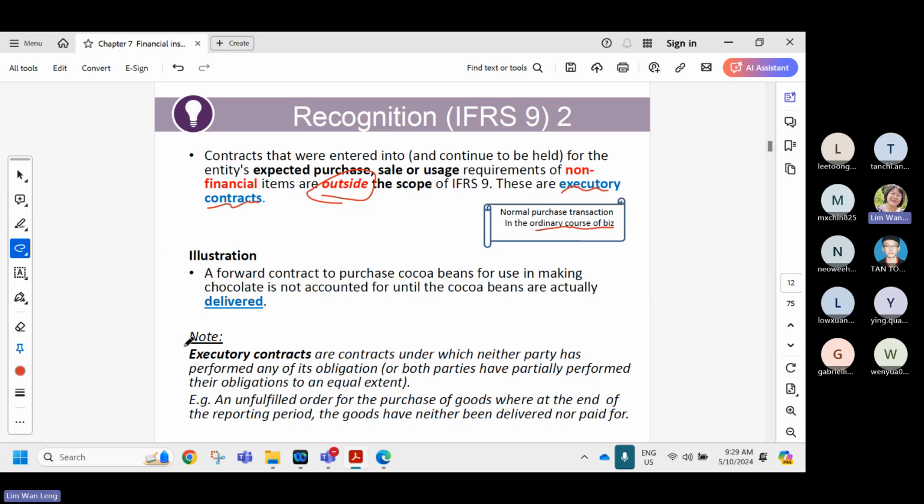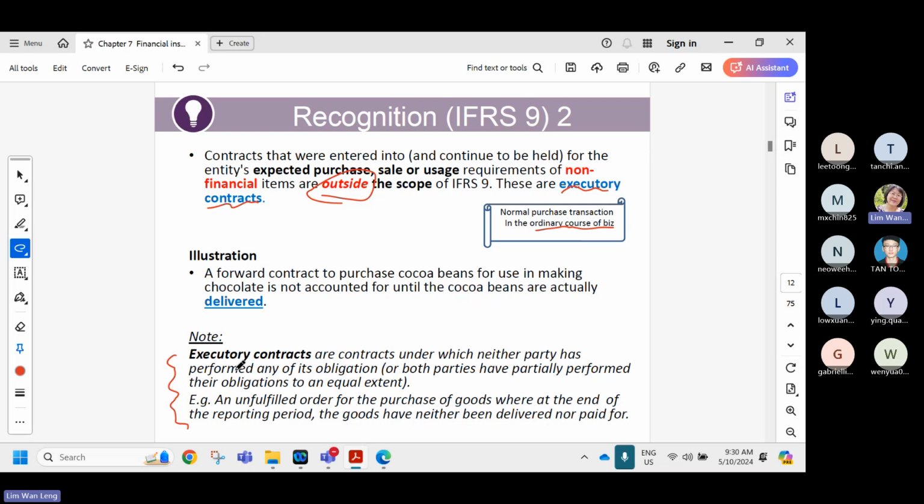Okay, so over here we have a more elaborate definition of what constitutes executory contracts. Contracts under which neither party has performed any of its obligations, or both parties have partially performed their obligations to an equal extent. Example, an unfulfilled order for the purchase of goods, where at the end of the reporting period, the goods have neither been delivered nor paid. So what kind of contracts are executory contracts?